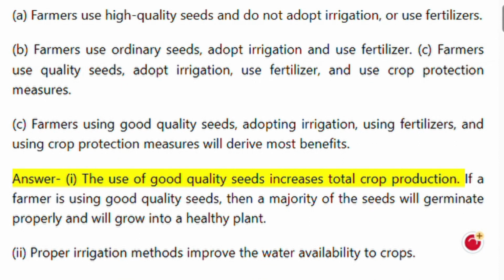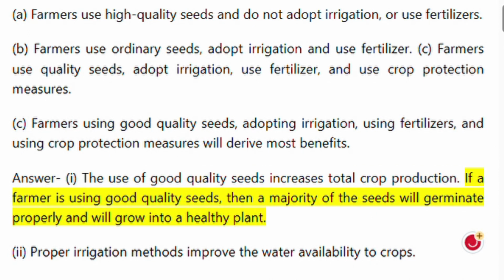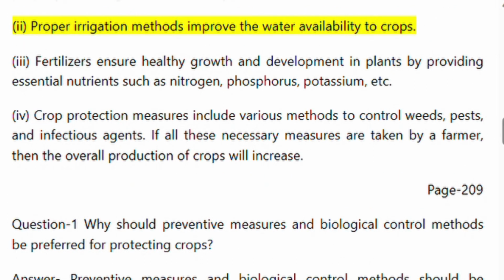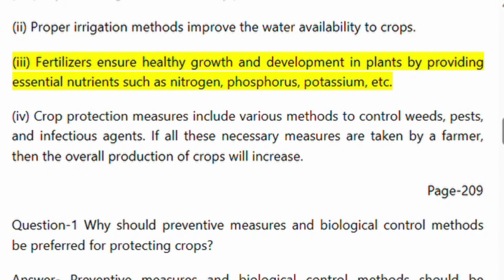Answer. 1. The use of good quality seeds increases total crop production. If a farmer is using good quality seeds, then a majority of the seeds will germinate properly and will grow into a healthy plant. 2. Proper irrigation methods improve the water availability to crops. 3.